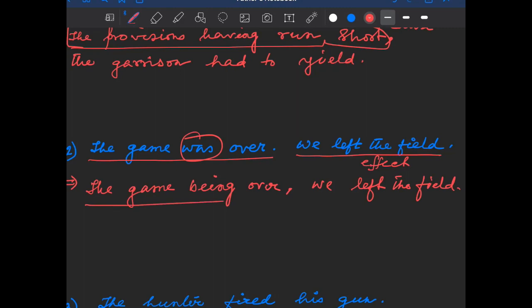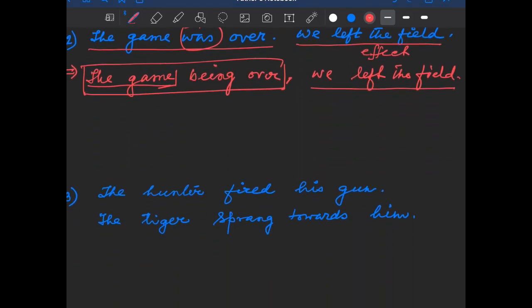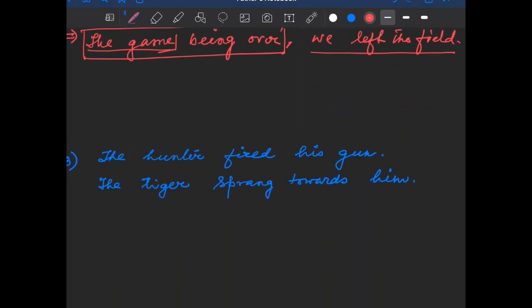Okay, this one is absolute phrase, and the game is the nominative absolute, and total one is called absolute phrase. Independently attached here as a modifier to the part that is saying we left the field. This is nominative absolute. Now we'll go to the next set.